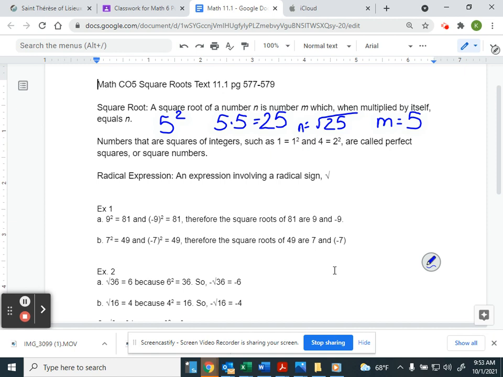So in the assignment we did yesterday, that we corrected yesterday, they gave us that number and said, what number with its power would equal that? So remember that was 5 squared would equal 25. So we're just going in reverse. The square root of 25 is 5.